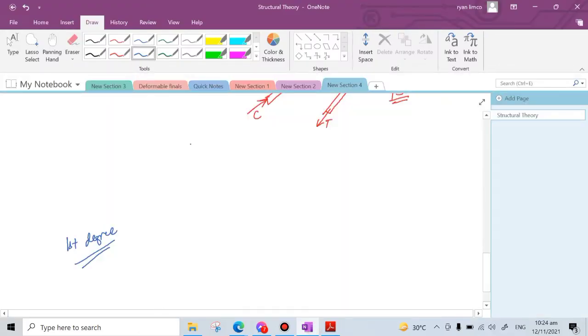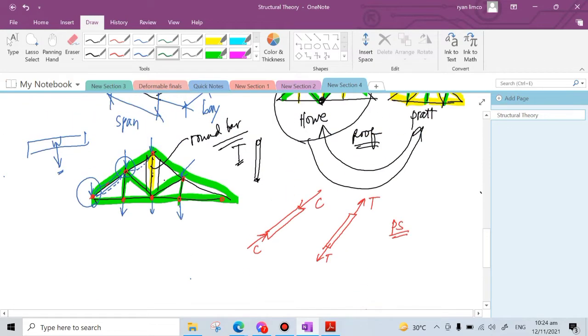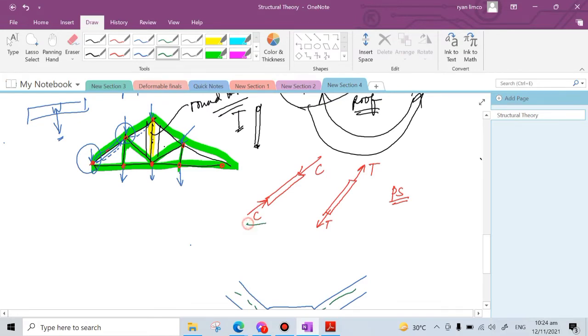So, yun yung sinabi ko kanina na kahit yan ay naka-gusset plate pa, kung ito yung member na to, at ito yung member na to, sila ay magmi-meet pa rin at a common joint. Diyan pa rin sila magmi-meet sa joint na yan. And dapat daw, axial lang yung masasolve natin. So meaning, dapat ang sinasolve natin dito either compression siya or tension.